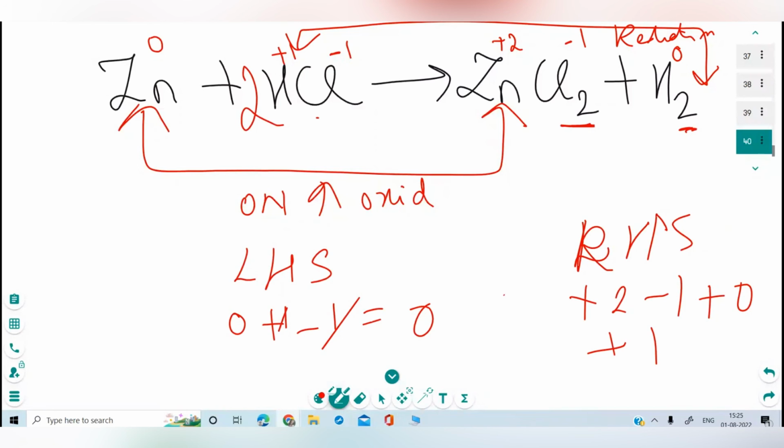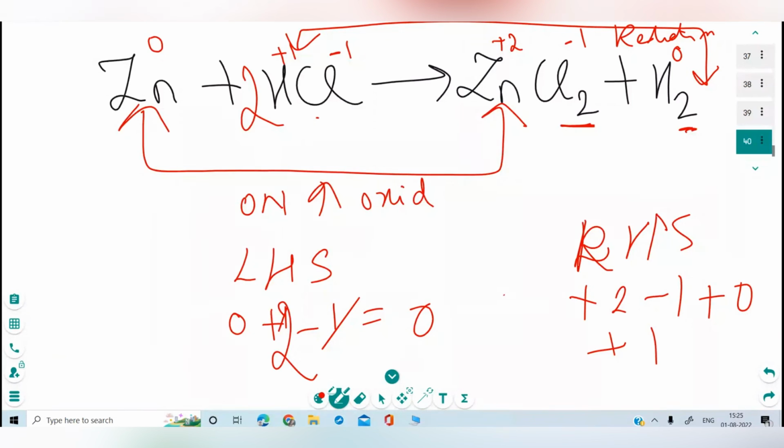Now if you balance, it will be done better. Zn will remain 0. 2 into H of +1 will become 2.